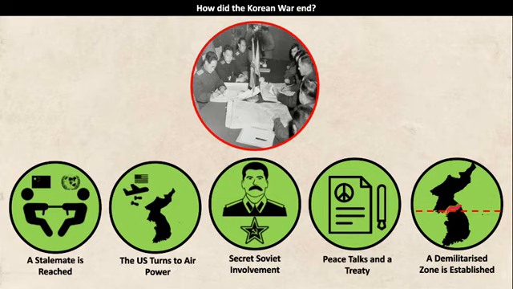So there we have it. Today we've looked at how a stalemate emerged following China's response to the UN forces' advance north in 1950. We've looked at how this stalemate led to the US military turning towards its air power to try and break this stalemate. We've looked at how the Soviet Union under Stalin increased its involvement, whilst avoiding doing so openly so as to avoid confrontation with America.